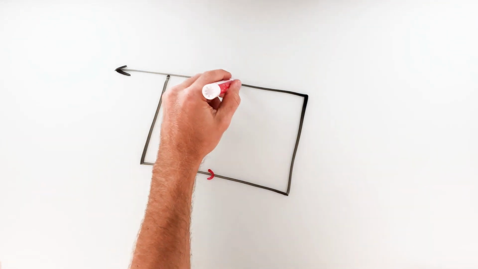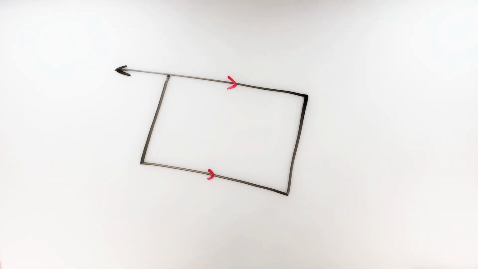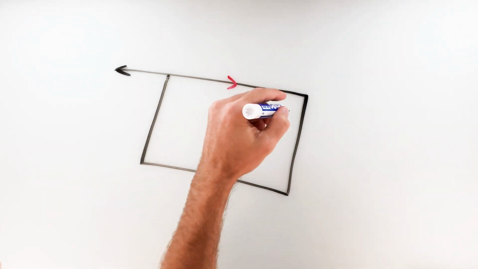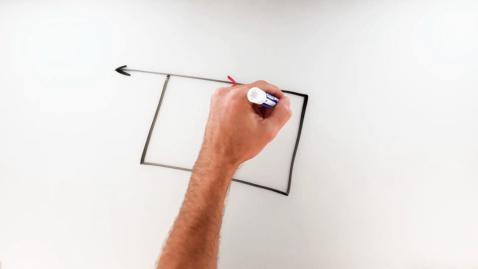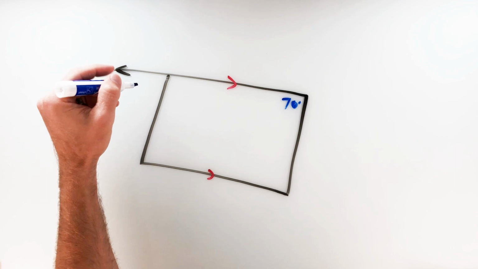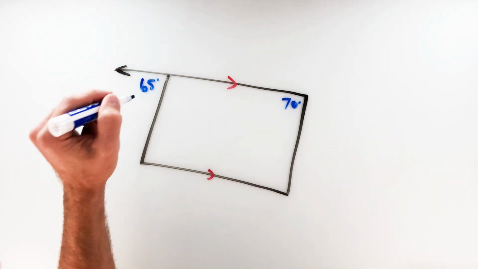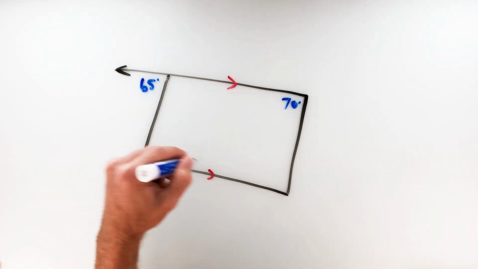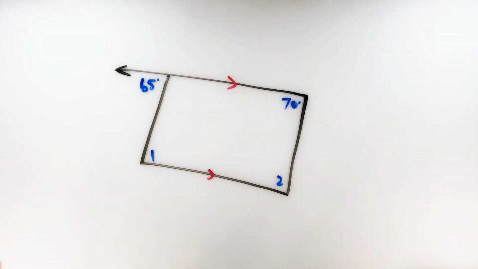Something like this. There's my lines. Let's put in some numbers, again not drawn to any type of scale. This is all 70 degrees. We'll go 65 right up here. And we're missing 2 angles.